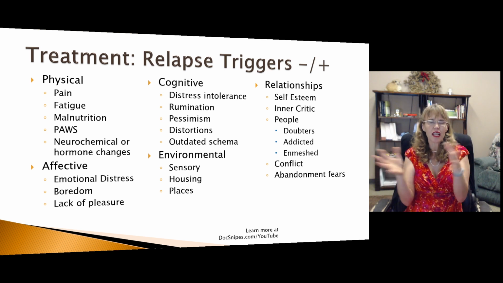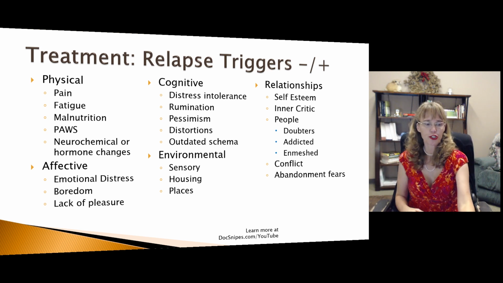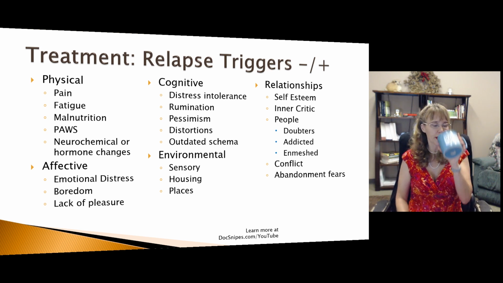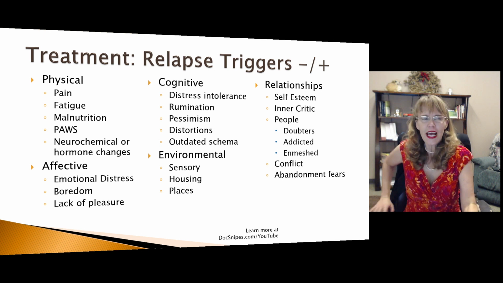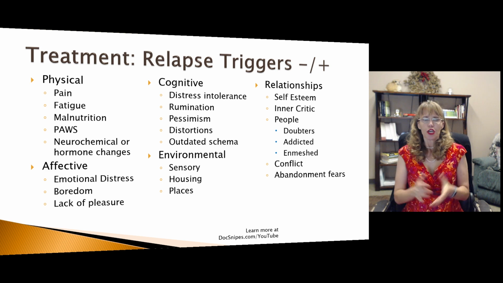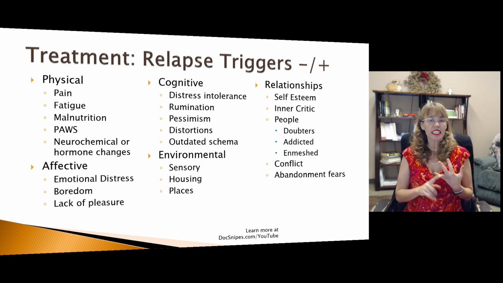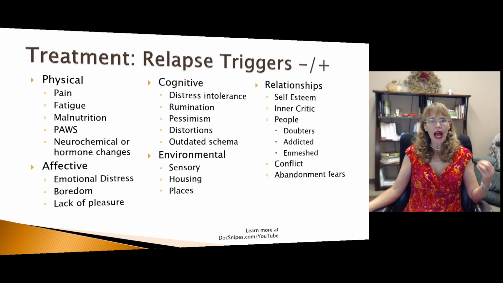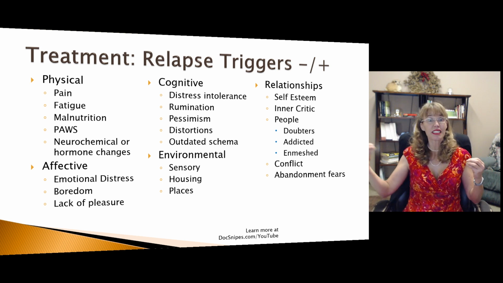And here I've listed a lot of what we call negative triggers, or triggers for relapse, not recovery. And we want to help them add in triggers for recovery. So pain, fatigue, poor nutrition, all of those are things that could trigger a relapse for people. And we need to examine it and go, okay, how can we help you address these things besides use?